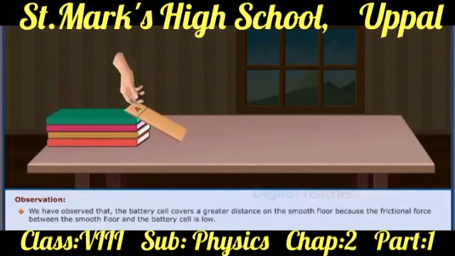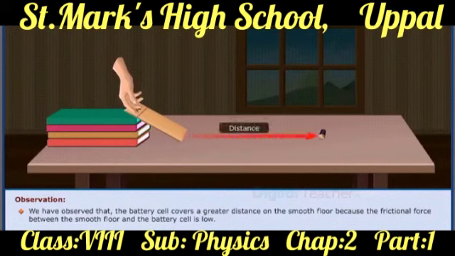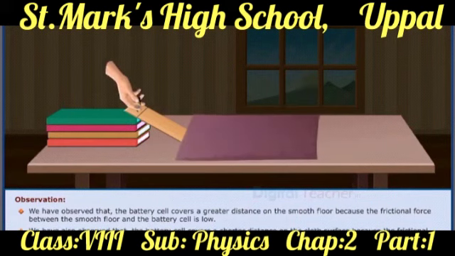We have observed that the battery cell covers a greater distance on the smooth floor because the frictional force between the smooth floor and the battery cell is low. We have also observed that the battery cell covers a shorter distance on the cloth surface because the frictional force between the cloth surface and the battery cell is high.